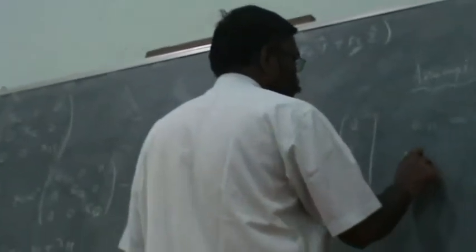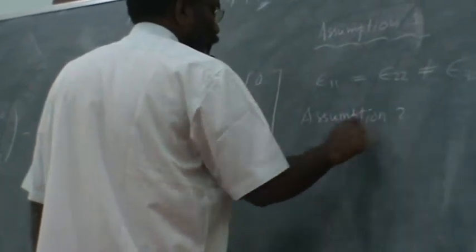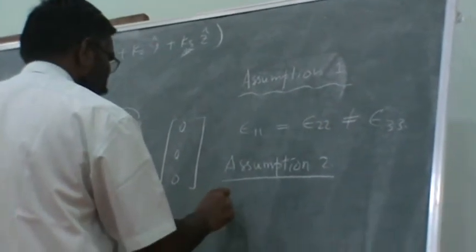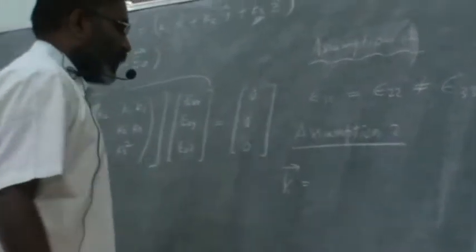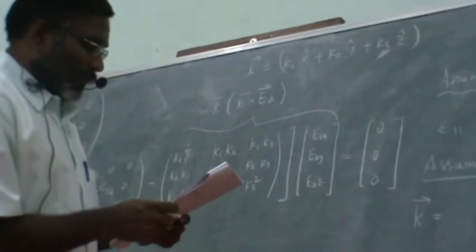So slight difficulty compared to the last problem. In the last problem, all of them were equal; here only one is unequal. And assumption 2 is that I am going to assume this k to be in the xz plane for convenience.